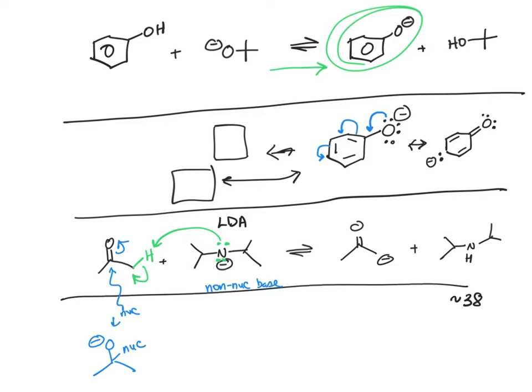We also know that the pKa of our carbonyl is going to be 20. So when we consider the equilibrium between these two sides, we want to favor the side of the higher pKa value. Thus, we favor the right side of the reaction.